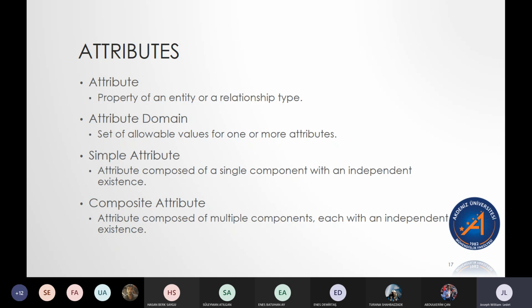Right. A composite attribute could be something that is composed of multiple parts. So for example, your address might be something that is a composite attribute, where you have an address of where you live, but that attribute consists of multiple components, such as city, such as mahalle, such as what else is there?